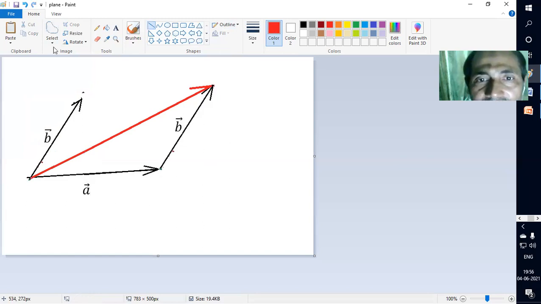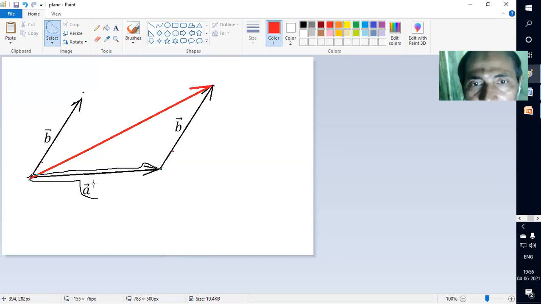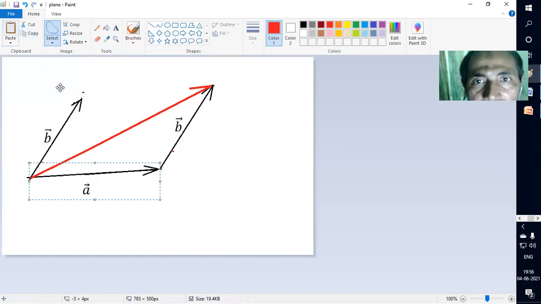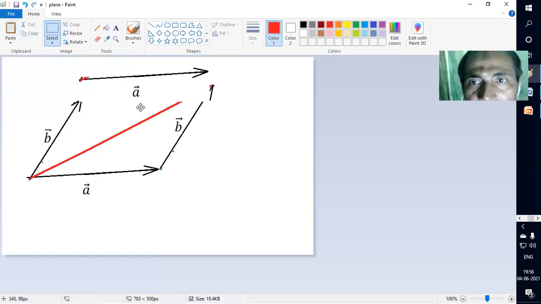Again, let me take vector A as like this. This is vector A. I'll copy it. And again, I will use this vector here. See, it is reaching at the same place.